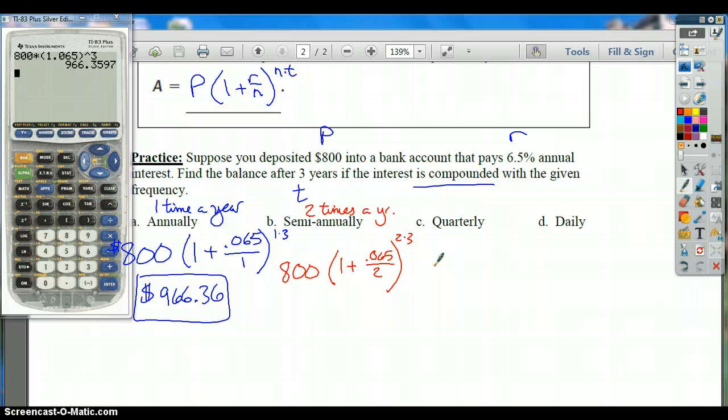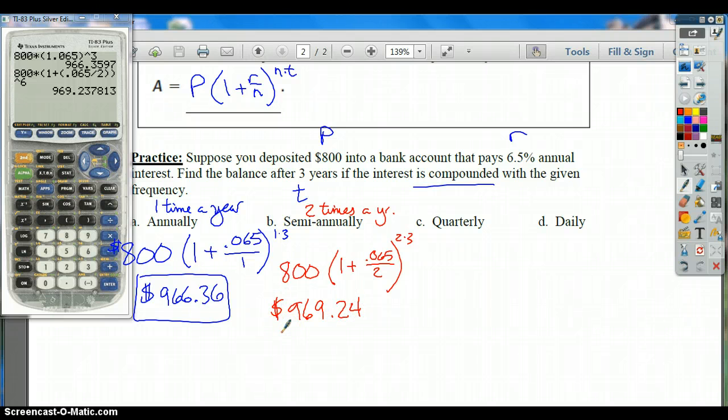Be careful when you type this in because it starts getting a little more difficult and tedious. So you can do 1 plus 0.065 divided by 2, close that parenthesis twice, and now I'm going to raise that to the 6th power. So there you go. We're looking at a total of $969.24.